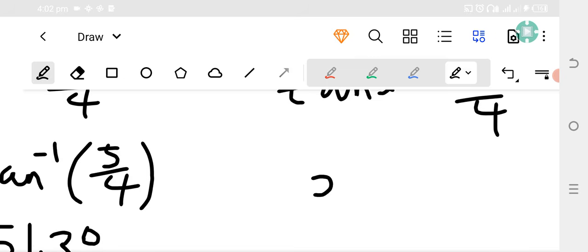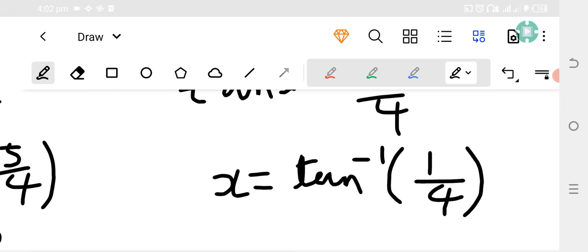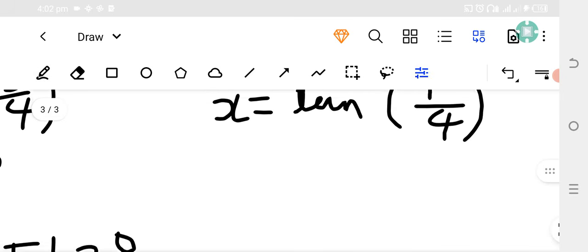Then x will be equal to tan inverse of 1 over 4. When we're taking the tan inverse, we ignore the sign. Please take note. We ignore the sign. So it's positive 1 over 4.